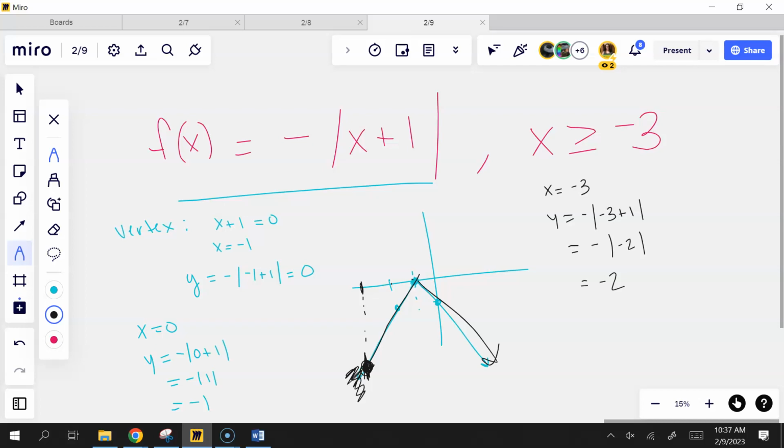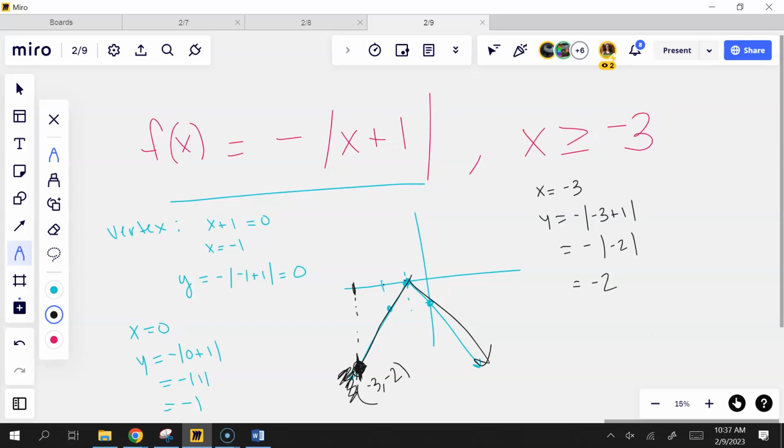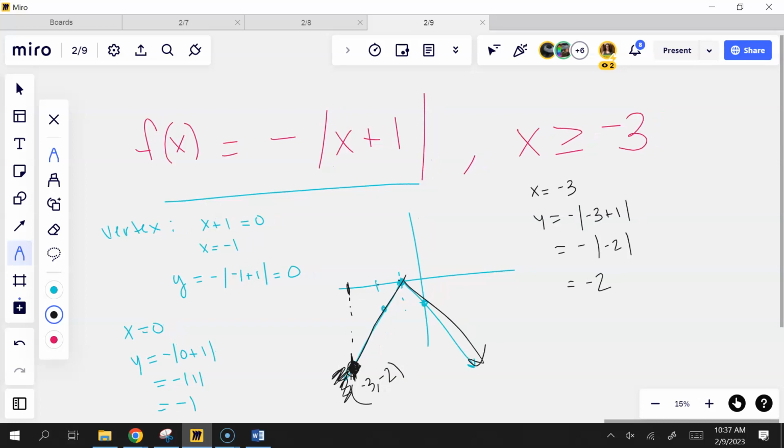This point should be -3, -2. So you change what's inside, but that one on the outside stays. Yep.